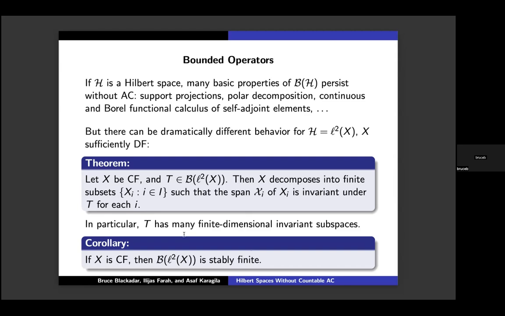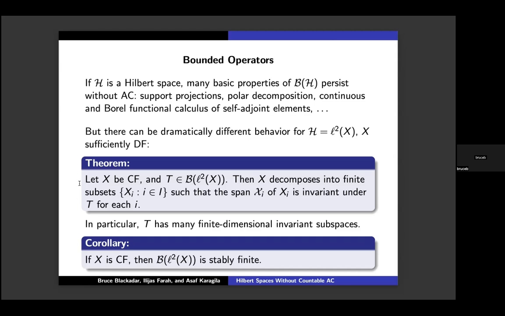So here's a very interesting fact. We think it's very interesting, has some nice consequences. If X is a CF set and T is a bounded operator on L2 of X, then X actually decomposes into finite subsets which are invariant under T. So your T has many finite dimensional invariant subspaces.